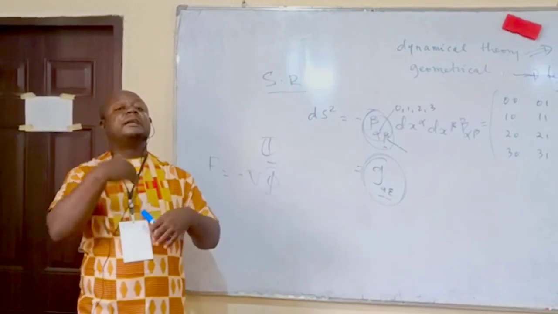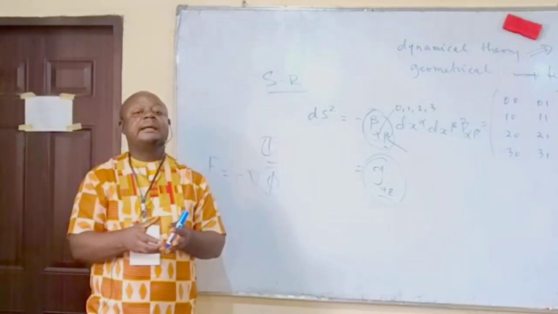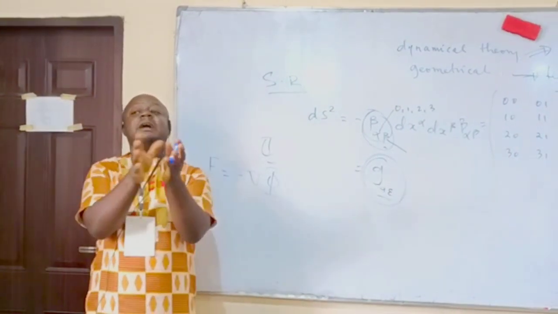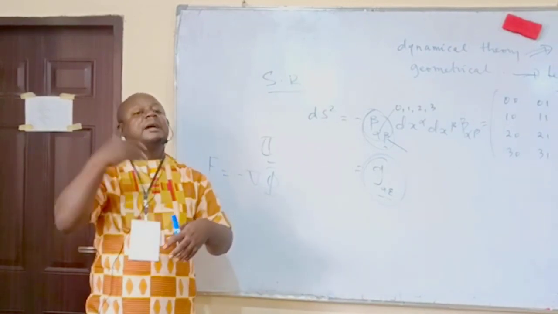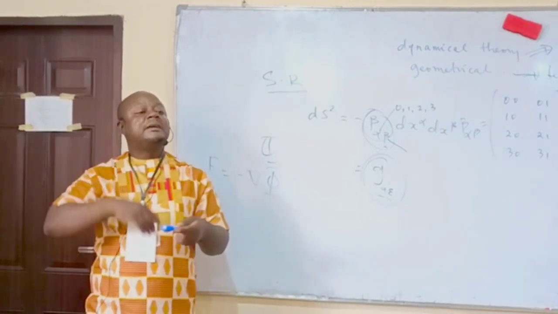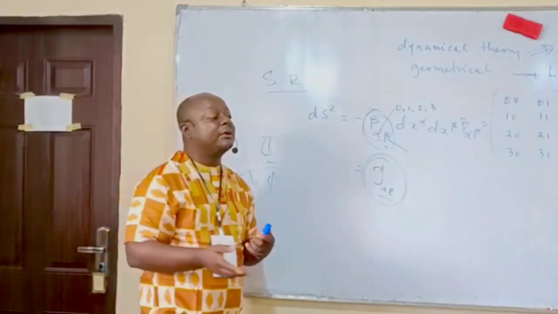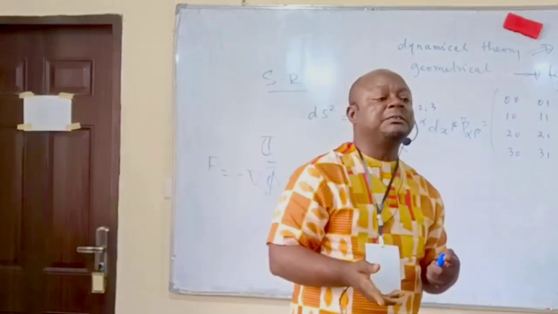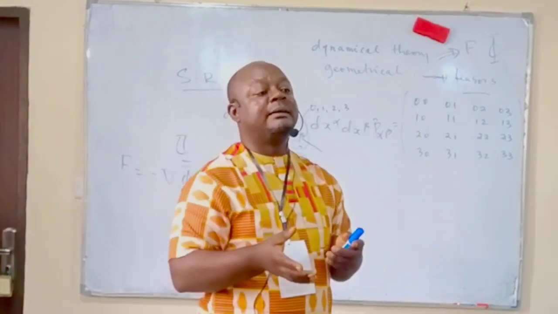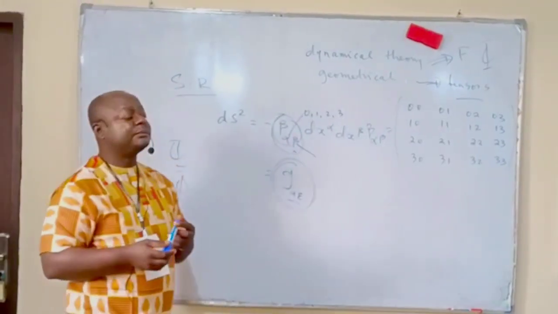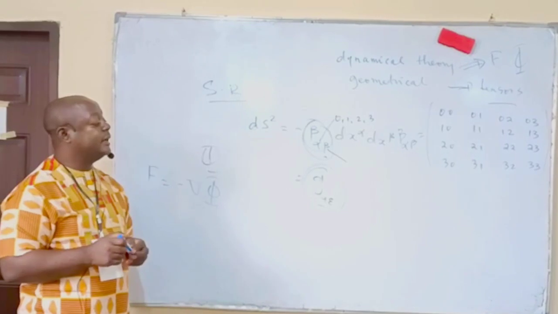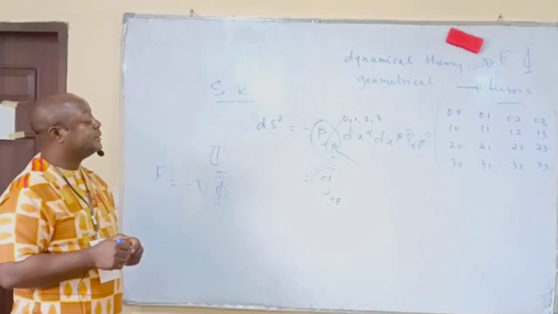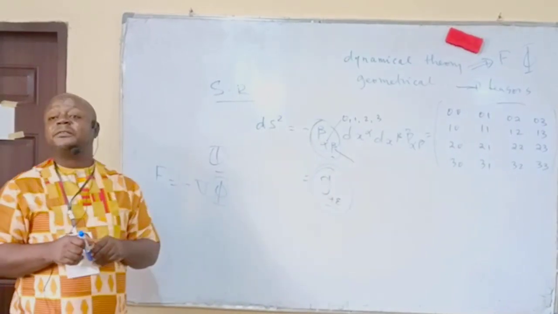We'll try to get the field equations around that star. We'll try to study some gravitational phenomena around that star, something like gravitational time dilation, gravitational length contraction, gravitational spectral shift, and many other phenomena. So that's what we are going to do, and it's going to be an interesting exercise. Any questions so far?